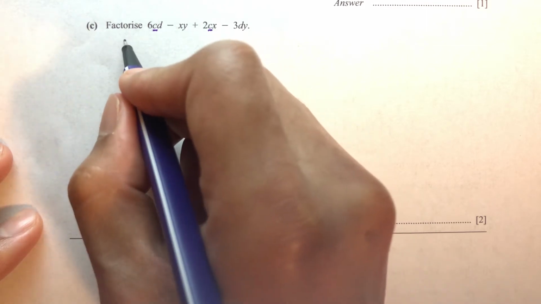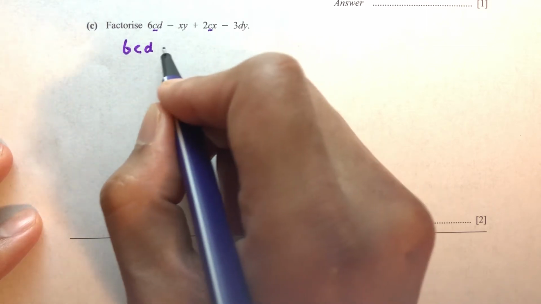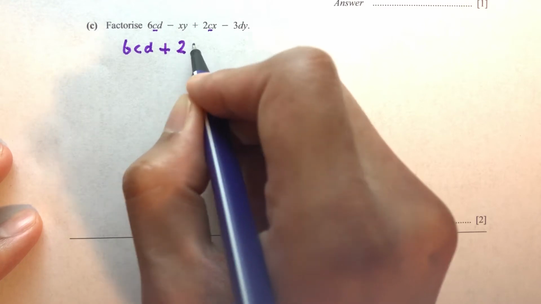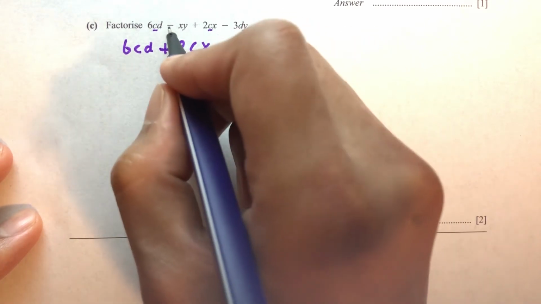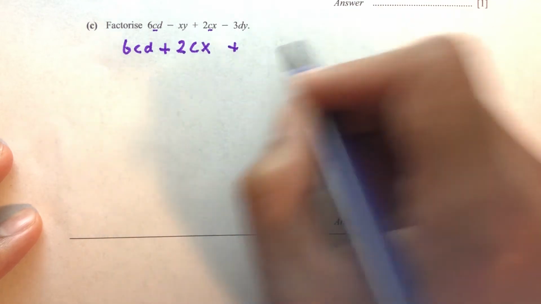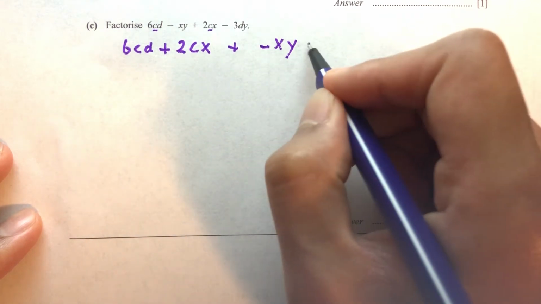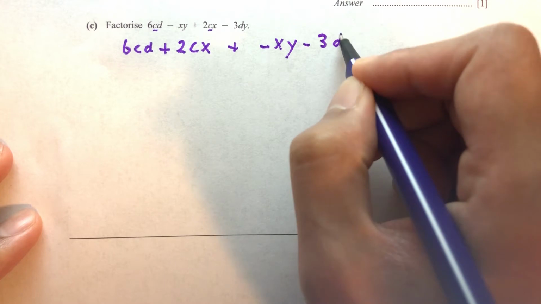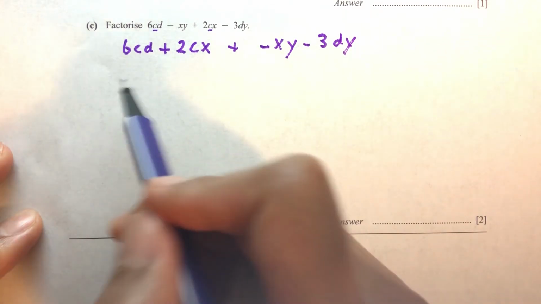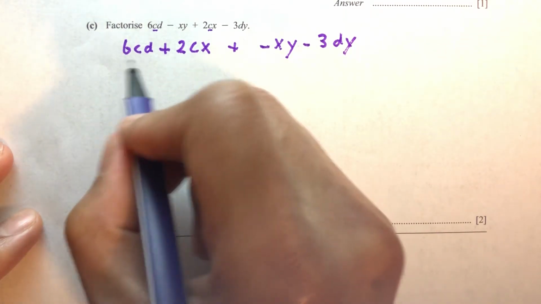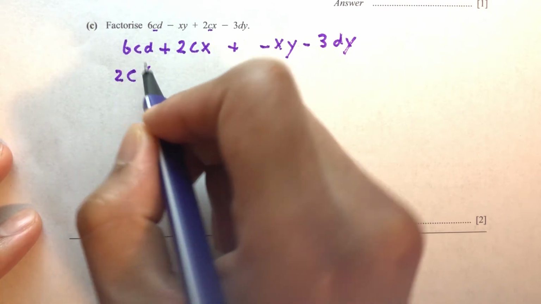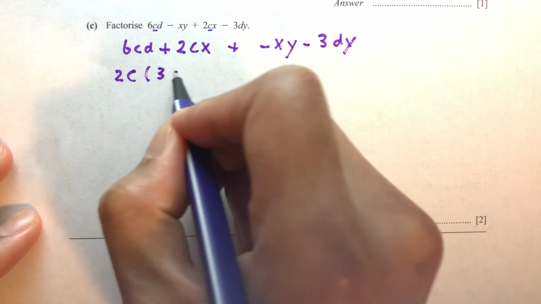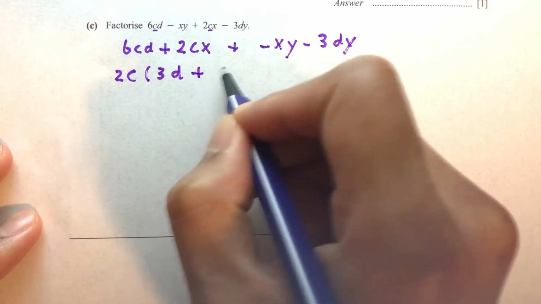So let's group these two together: 6cd plus 2cx, and let's put these two on this side, so minus xy minus 3dy. On this side, what is common? We see we have c in common and 2 in common. So what's remaining will be 3d plus x.